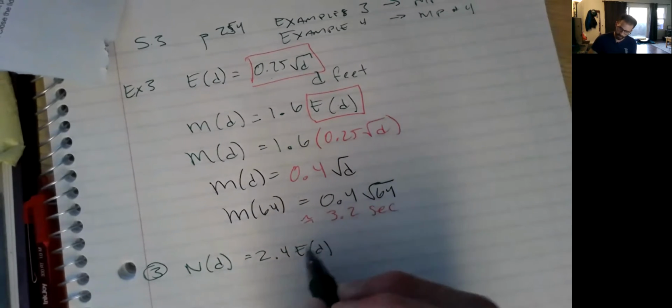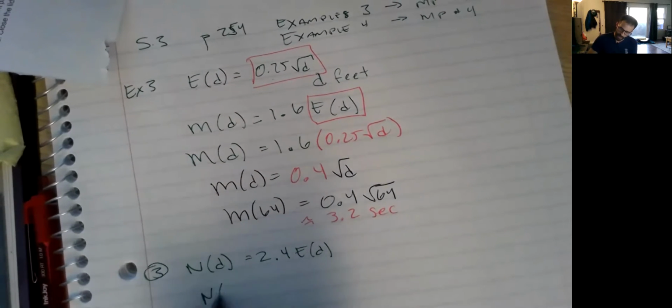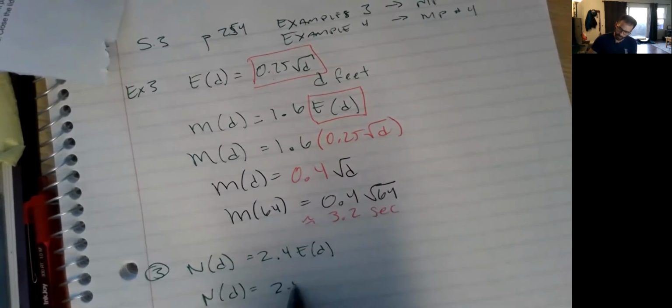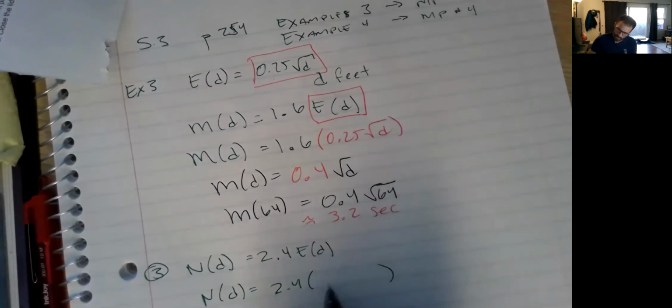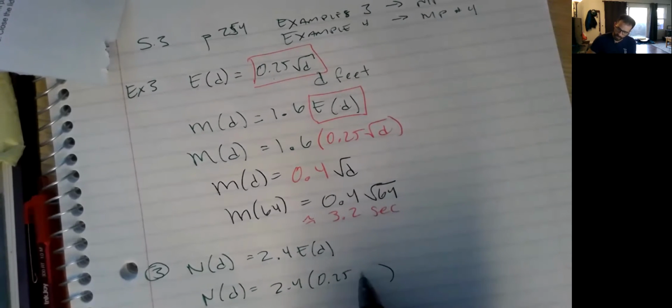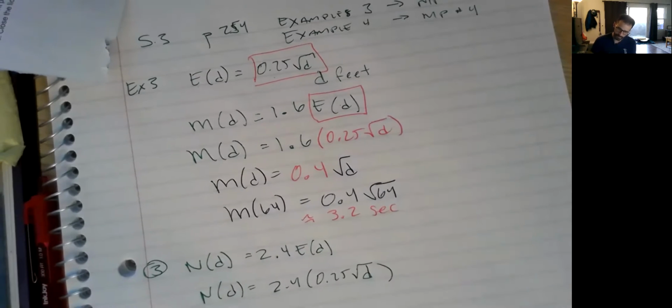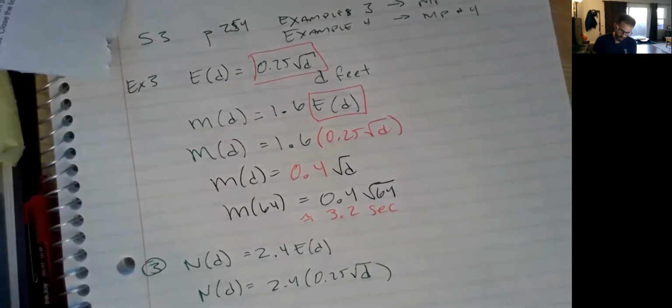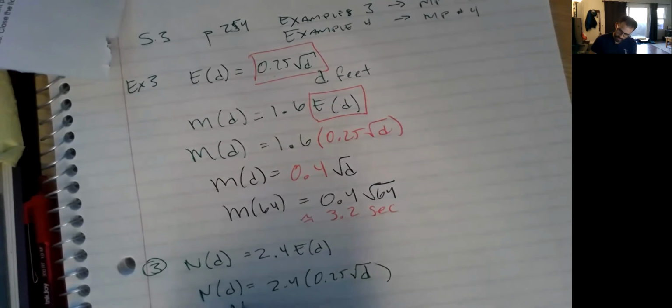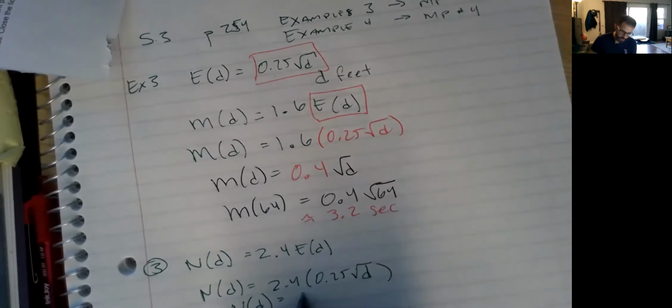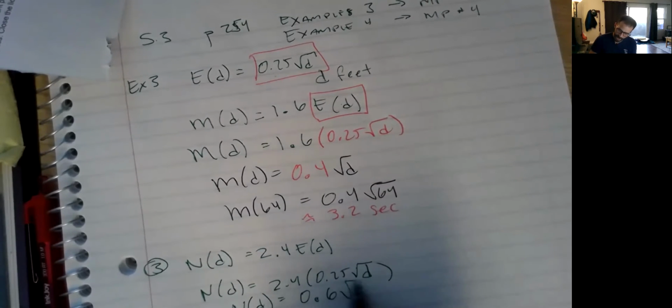So n of d is going to equal 2.4 times, what is e of d? 0.25 rad d. What's 2.4 times 0.25? It's 0.6. So n of d equals 0.6 rad d.